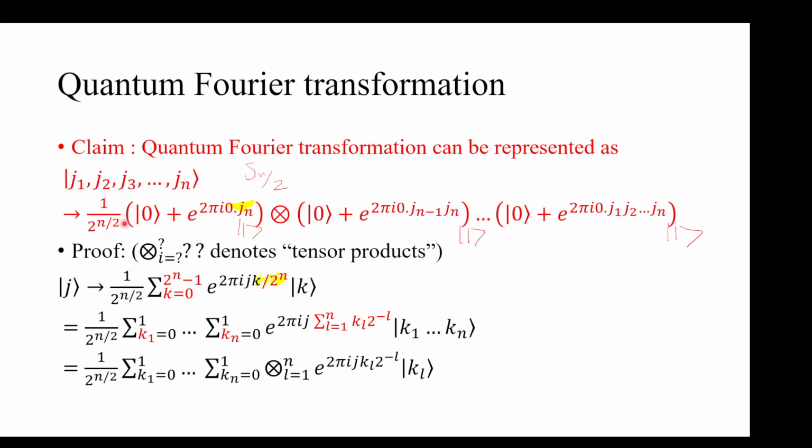So j1, j2 to jn is this 1 over 2 to the n over 2, (|0> + e to the 2 pi i 0.jn |1>) times (|0> + e to the 2 pi i 0.jn minus 1 jn |1>) all the way to (|0> + e to the 2 pi i 0.j1 j2 to jn |1>).